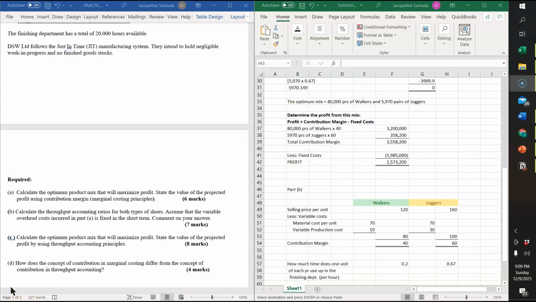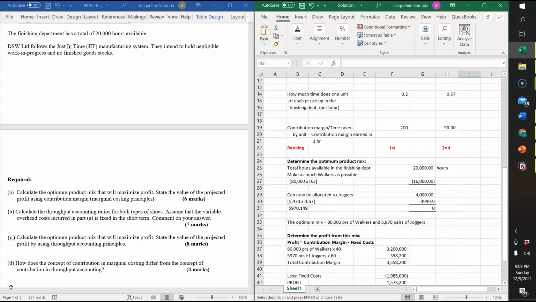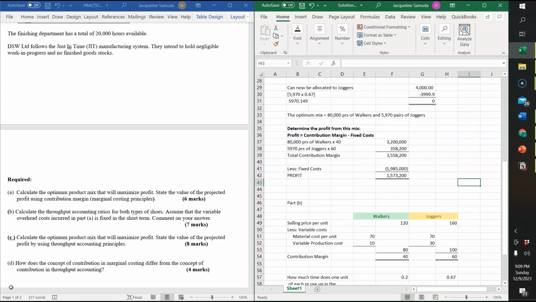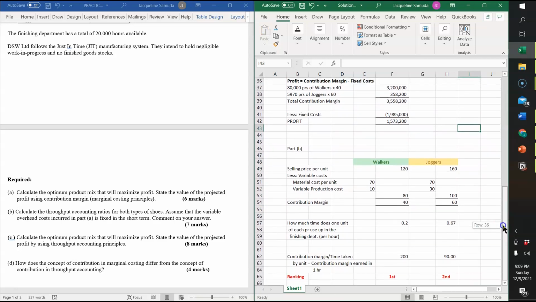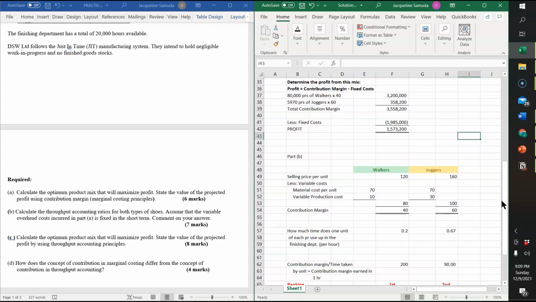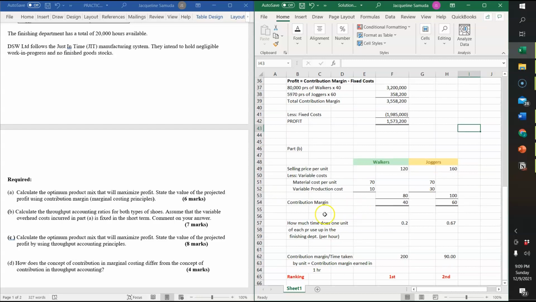Okay, so I'm back. So what I have done here is copied our solution from part A and created part B for a question. Now, part B, if we read over here, it says, calculate the throughput accounting ratio for both types of shoes. But notice it also says, assume that the variable overhead cost incurred in A is fixed in the short term.